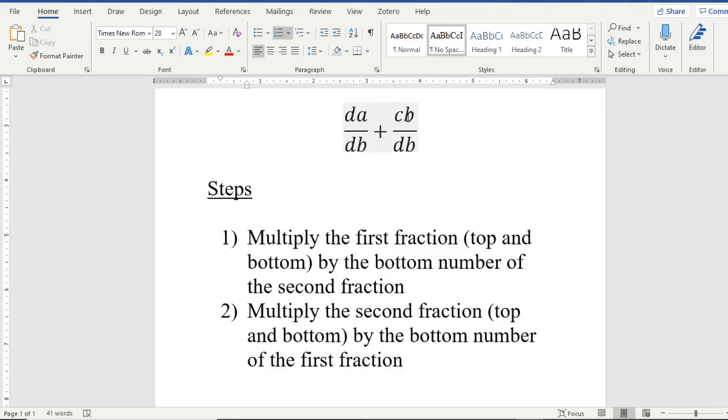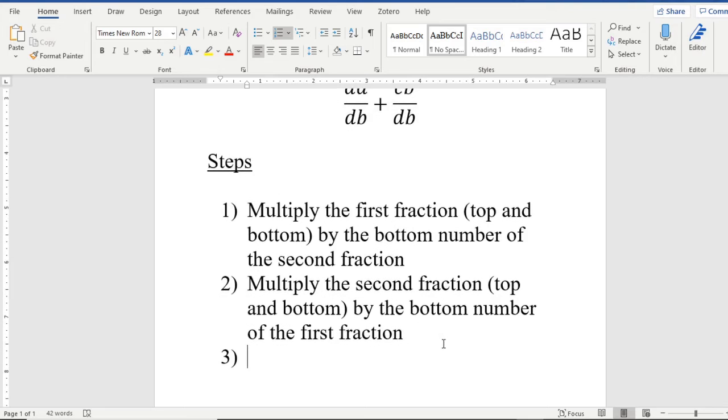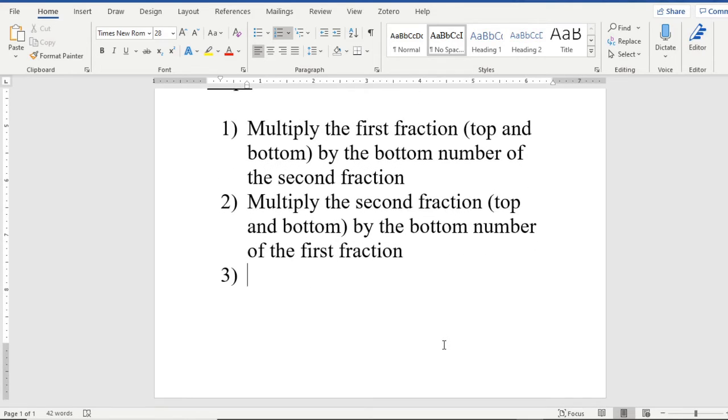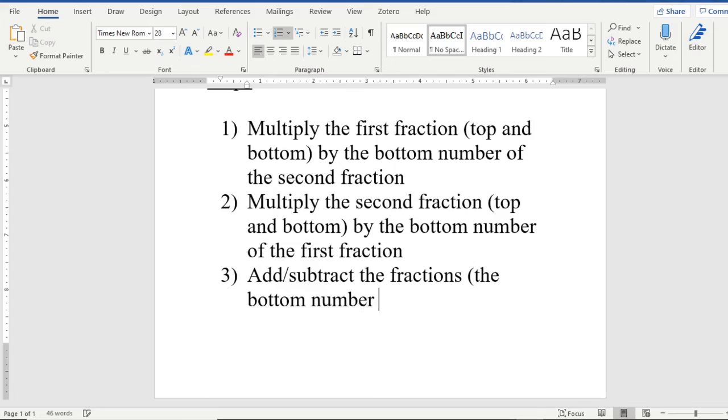Multiplied the c and the d by the b. Okay. Step 3 is then to add the fractions. Add or subtract, so add slash subtract the fractions. In step number 3, the bottom number will not change. So we only add the tops.